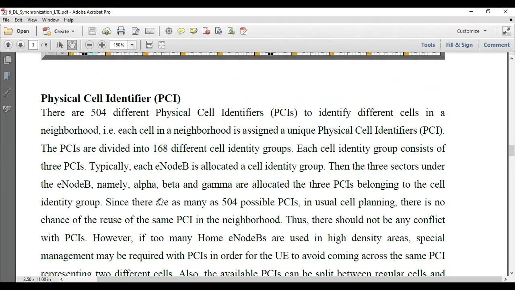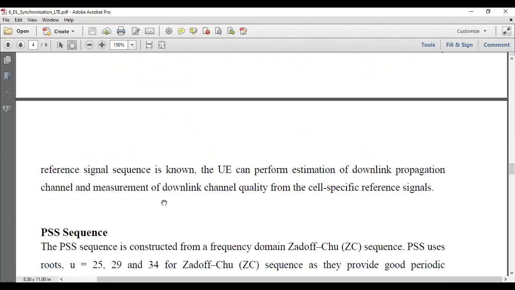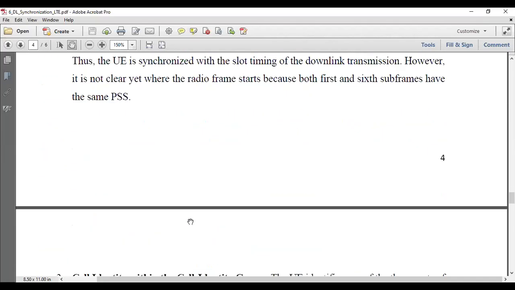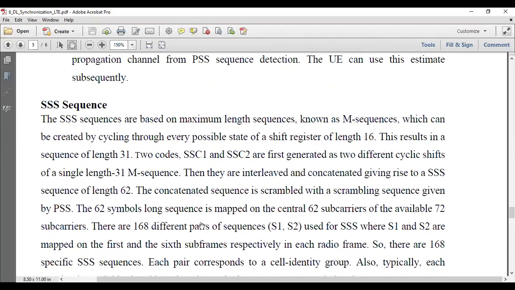You know which one among the 504 PCIs has been used in this particular cell. Secondly, you also derive the radio frame boundary, because I said that the reverse of those sequences is also not present anywhere. Considering the reverse, there is a unique set.